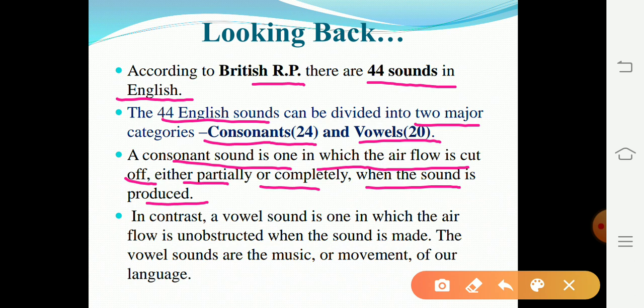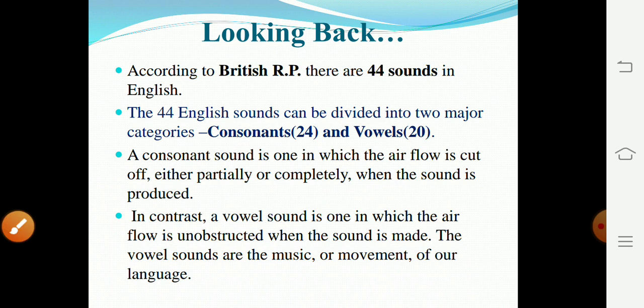In contrast, a vowel sound is one in which the airflow is unobstructed when the sound is made. In short, during the production of the vowel sound, lung air escapes through the mouth freely without any friction. The vowel sounds are the music or movement of our language.